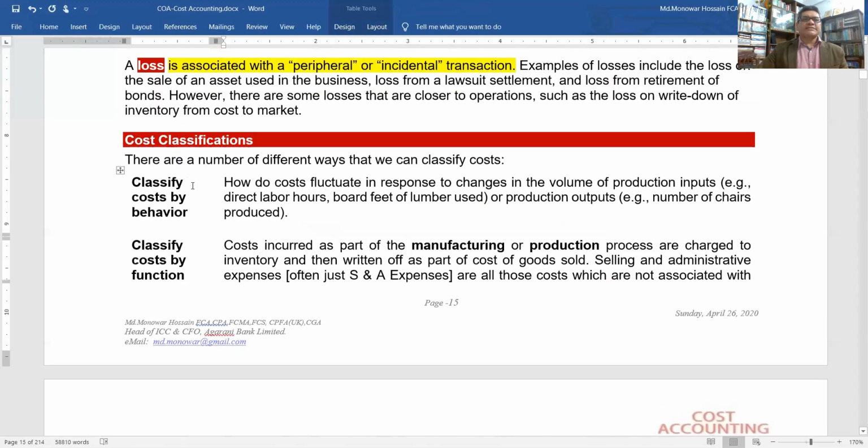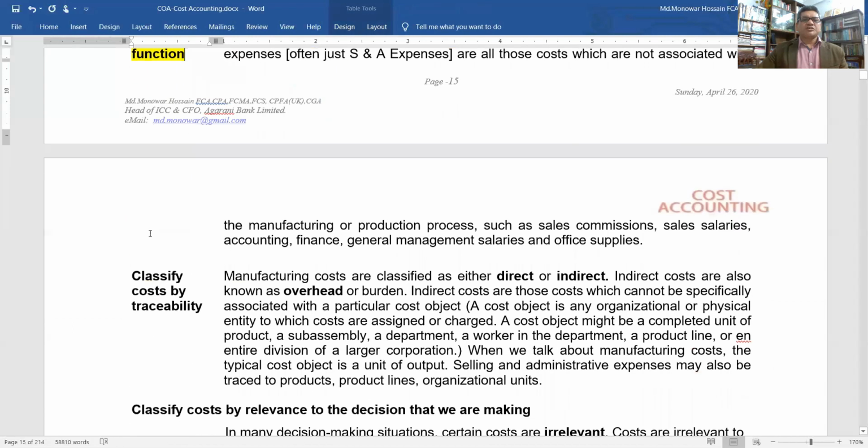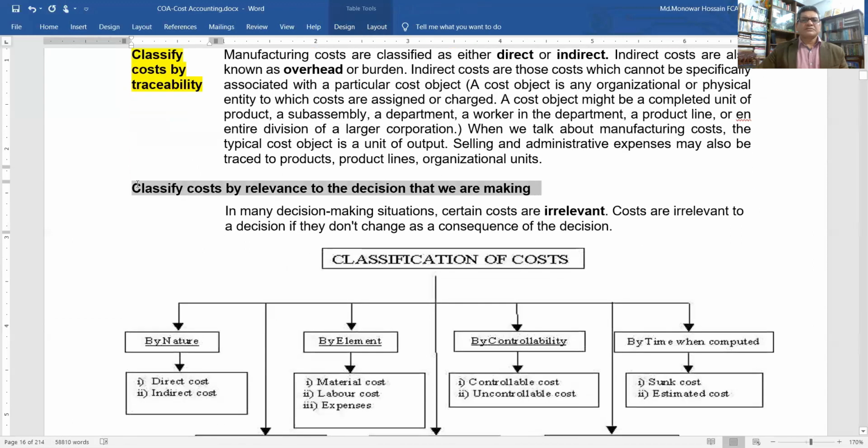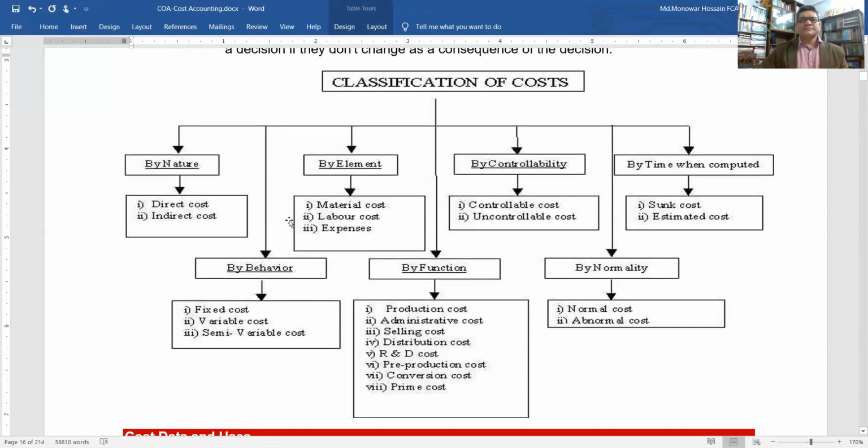Now, cost classification. We can classify cost in different ways: by behavior, by function, by traceability, and other ways. By nature: direct, indirect. By behavior: fixed, variable, semi-variable.